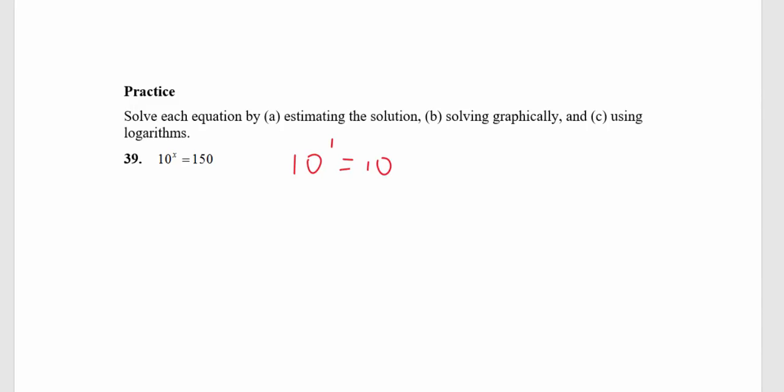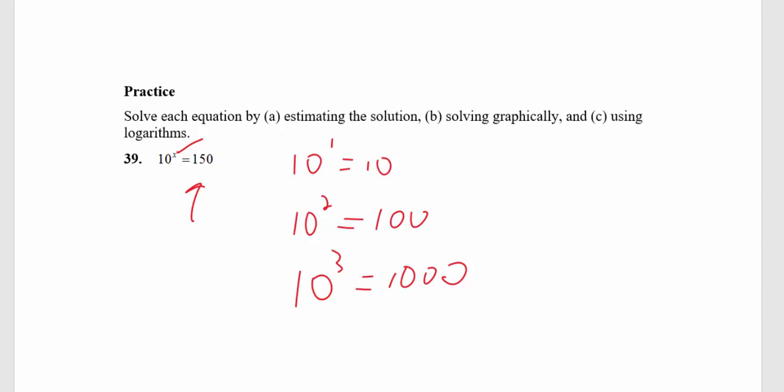So you know that 1 is too small because we need 150. And if I had 10 to the second, we get 100. That's still too small because I need 150. So about 10 to the 3. That's 1,000. All right, that's too big. So the value of x that makes this true is somewhere between 2 and 3.